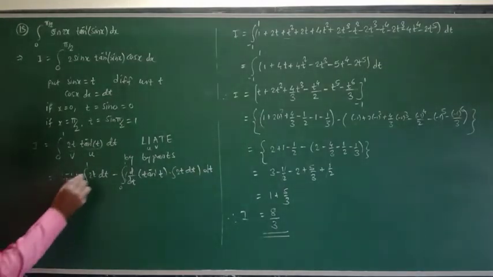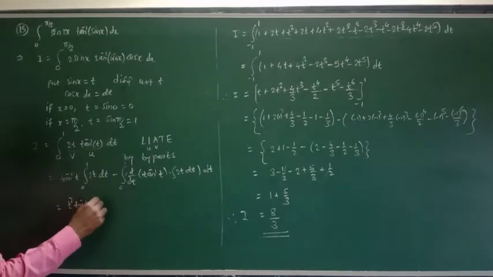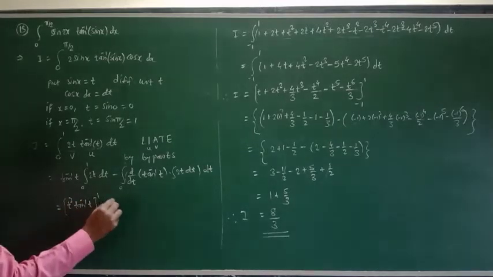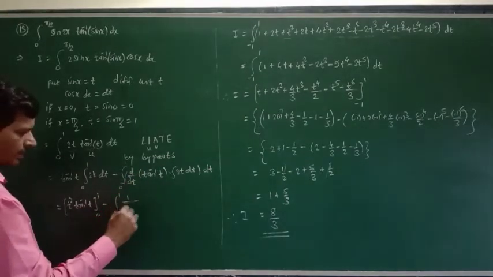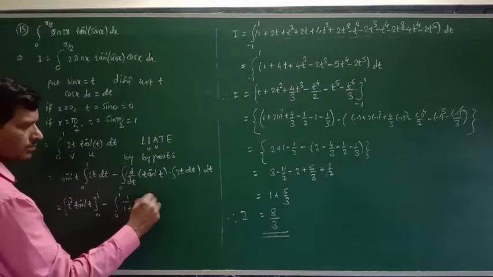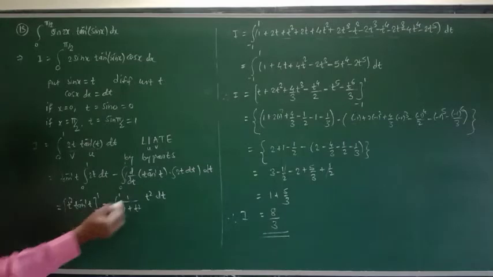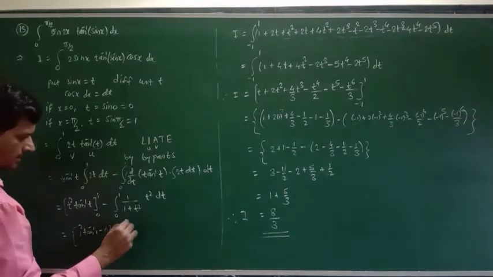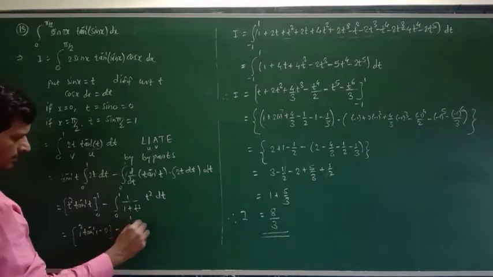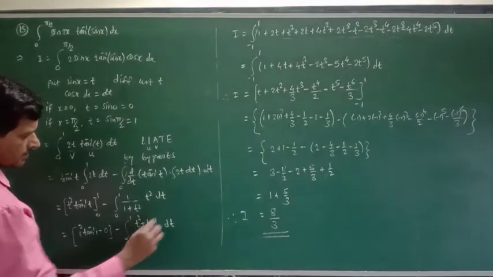So what is the integration of 2t? t square tan inverse t from 0 to 1 minus integral from 0 to 1 of the derivative of tan inverse t, 1 upon 1 plus t square, into t square dt. So upper limit minus lower limit: 1 square tan inverse 1 minus 0, minus integral from 0 to 1 of t square plus 1 minus 1 upon t square plus 1 dt.